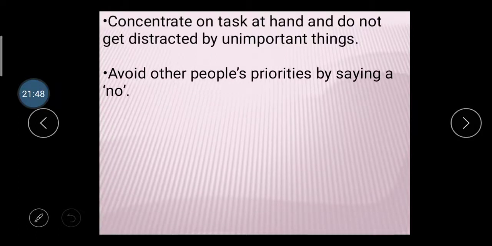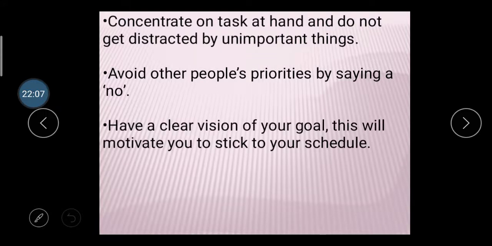Then avoid other people's priorities by saying no. First you have to complete your important task, and if other people's work is not important, you can say no to them. Then have a clear vision of your goals. This will motivate you to stick to your schedule. You have to always work according to your vision and goals.